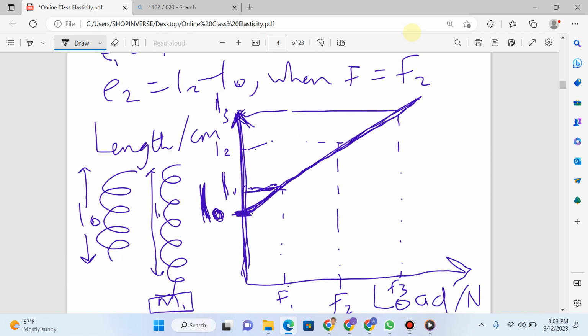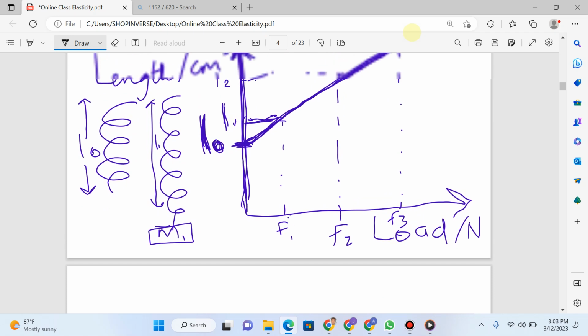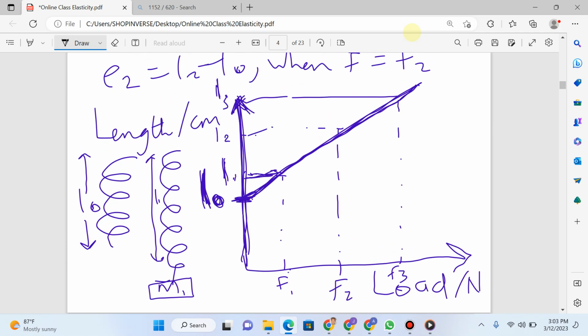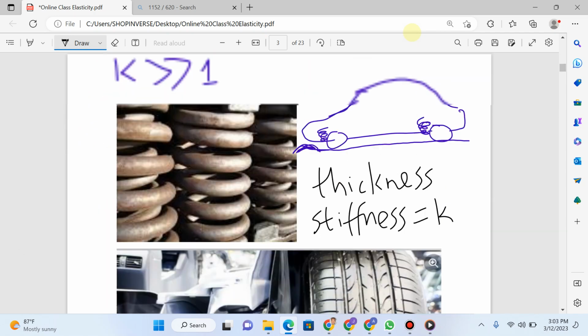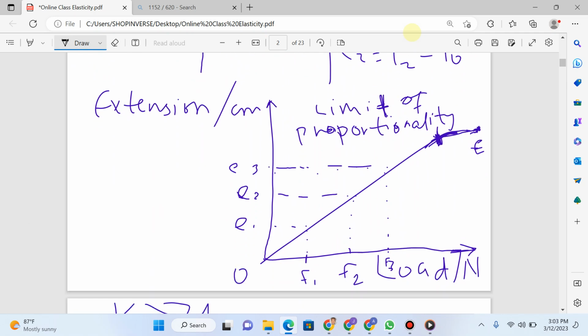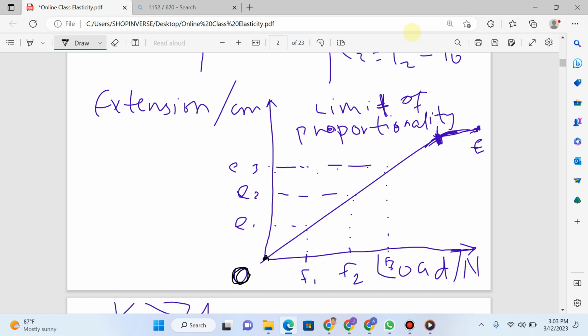Also, we talked about the graph of the load against the actual length of the spring. The graph of load against actual length starts from L naught, which is the length when the load is 0, while the graph of load against extension starts from the origin, for load 0 and extension 0.